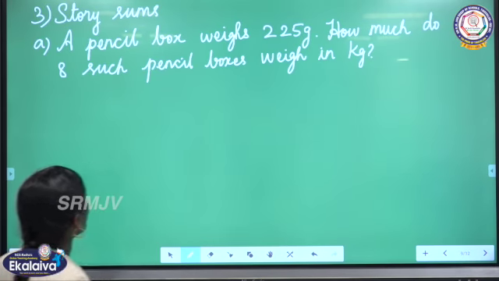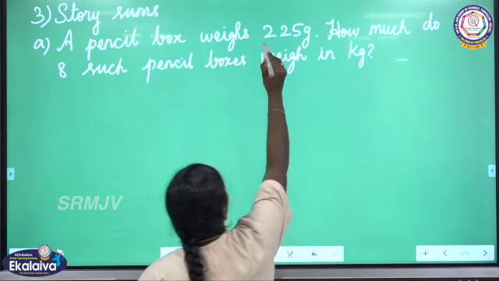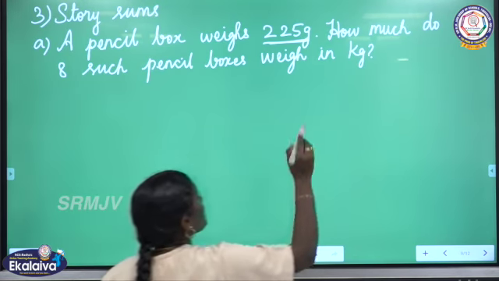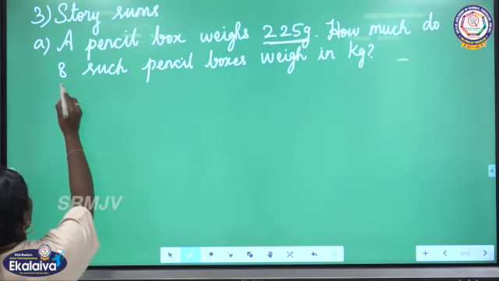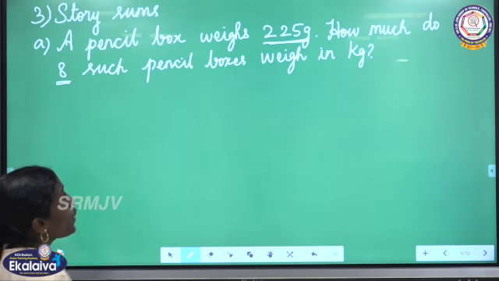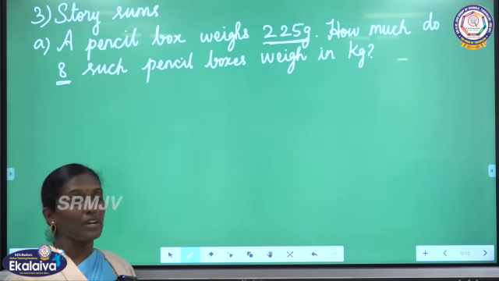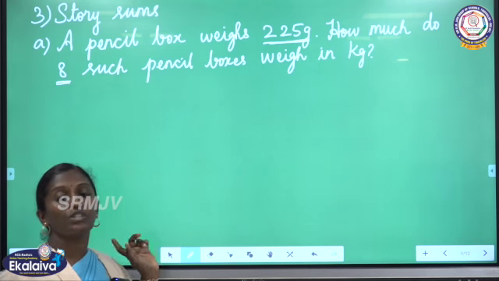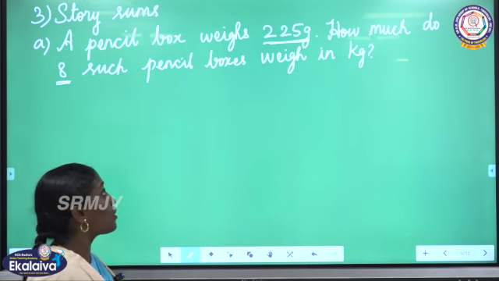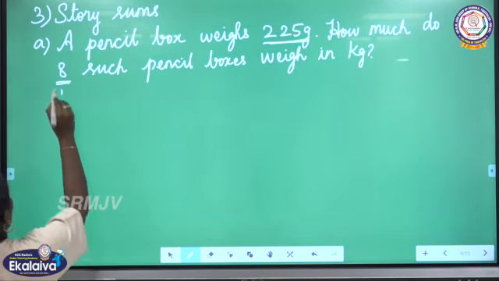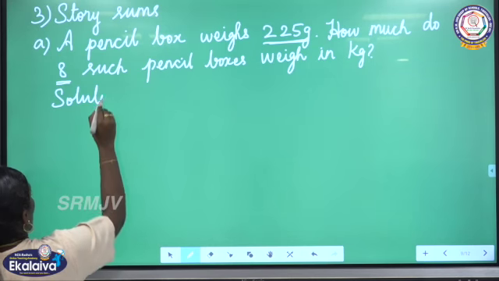Then the next question, word problem. A pencil box weighs 225 gram. How much do 8 such pencil boxes weigh in kilogram? Here weight of one pencil box is given. From that we are going to find out the weight of 8, so we have to use multiplication. Let us start the solution.